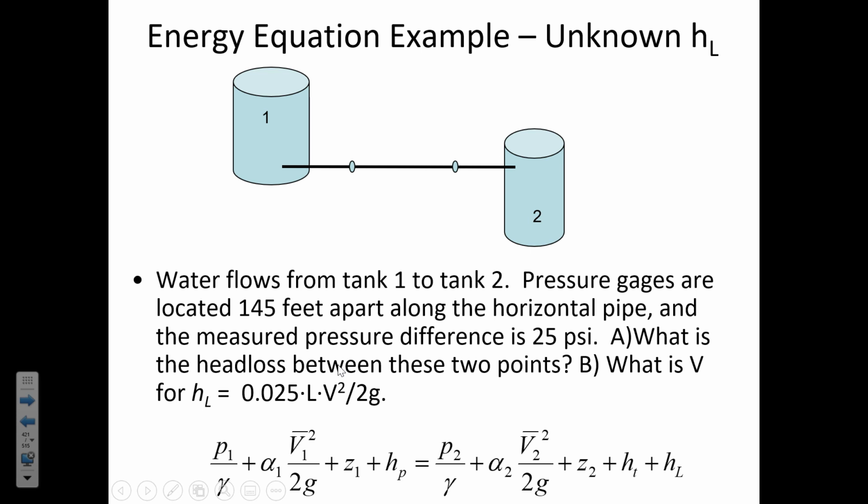Okay, so with all of that said, calculate the head loss with the pressure difference that's measured, and then use that to solve for the flow velocity with this equation that describes the head loss.